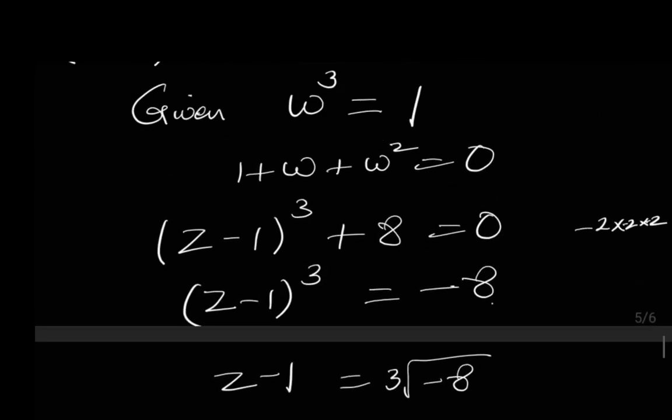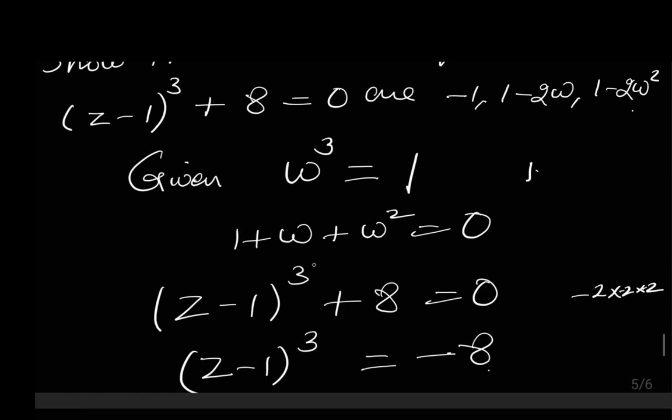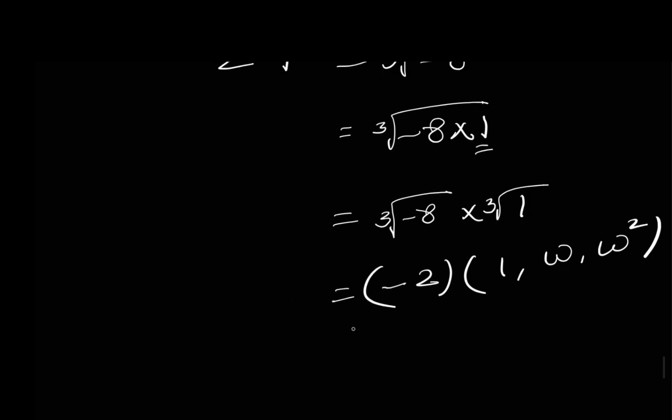The cube roots of 1 are 1, omega, omega squared, since omega cube is equal to 1. All the 3 roots I have to take. The left side is z minus 1.